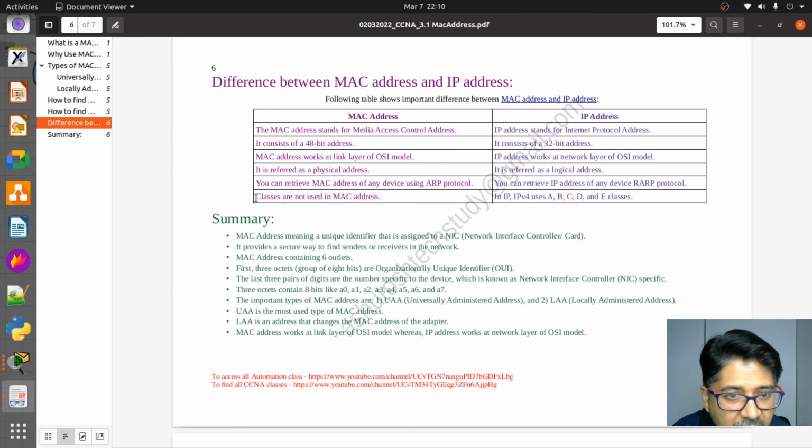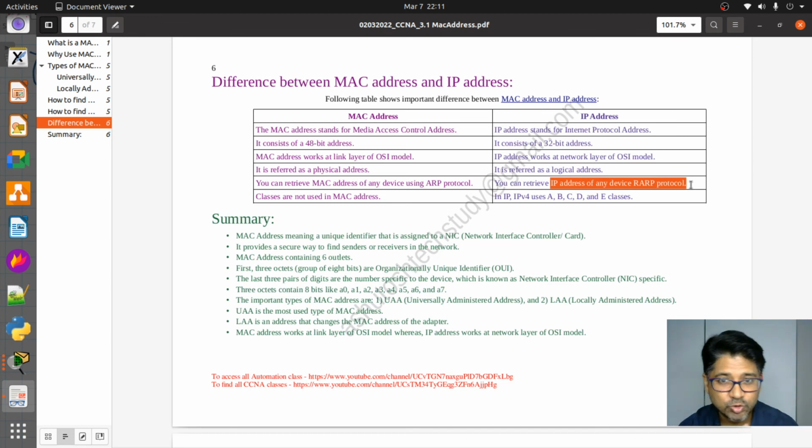Now, MAC is classless, meaning no classes are used for it, only unicast, multicast, global MAC address, and local MAC address. For MAC addresses we have the ARP protocol, and for IP addresses we have the reverse ARP protocol.